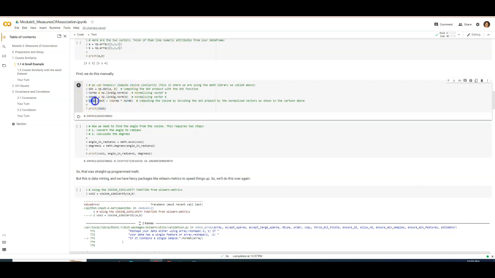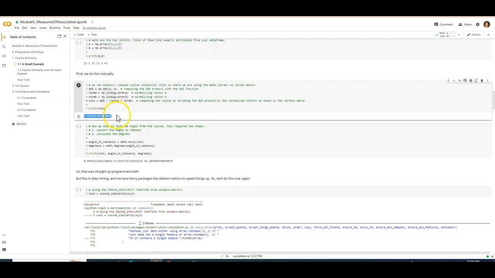And then we're going to generate the cosine, in which we divide our dot product by norm A multiplied by norm B. So that gives us this cosine here.